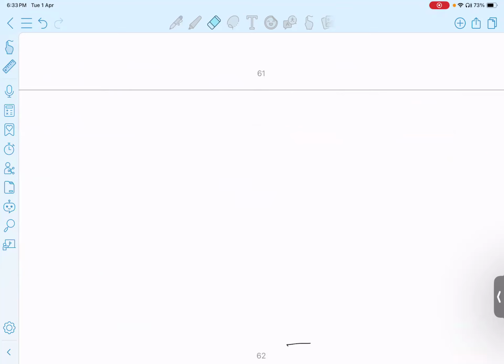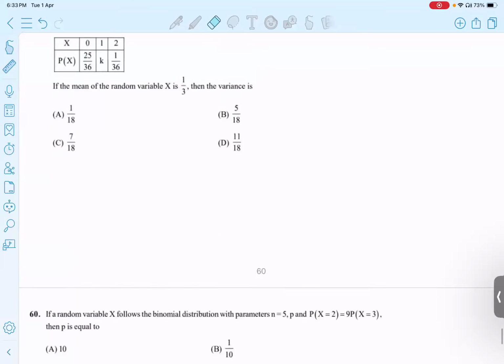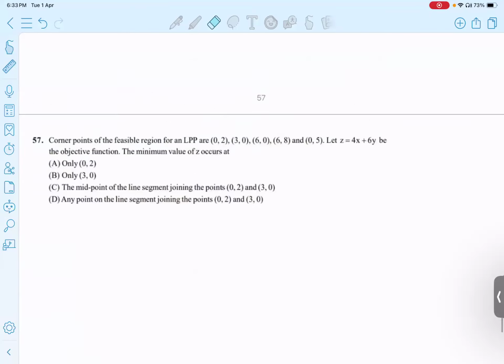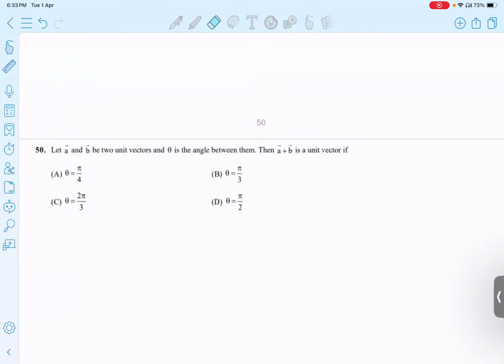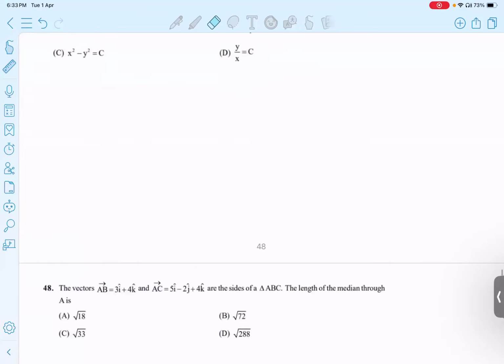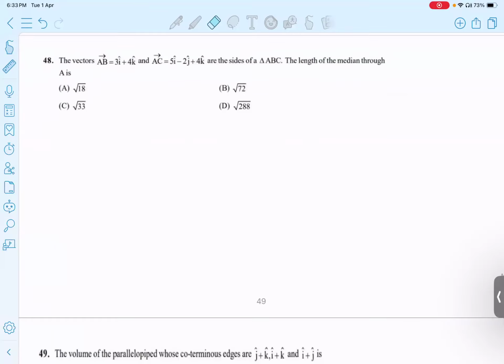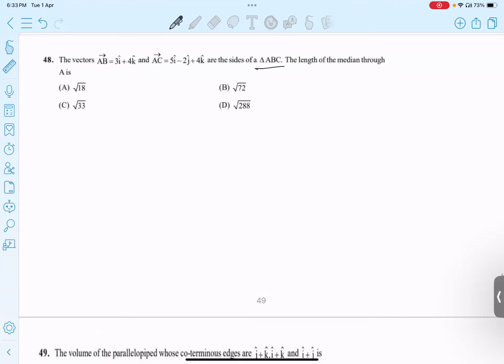Now, taking up this year's vectors and 3D, here is the question. The vector AB and vector AC are the sides of the triangle ABC.